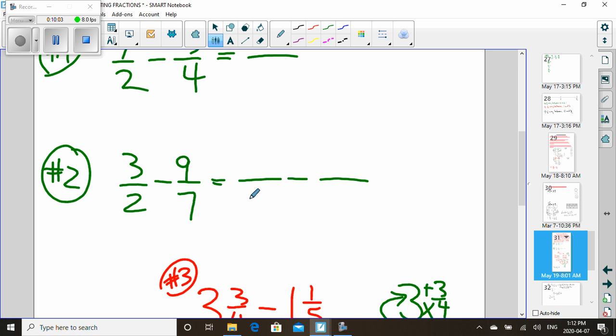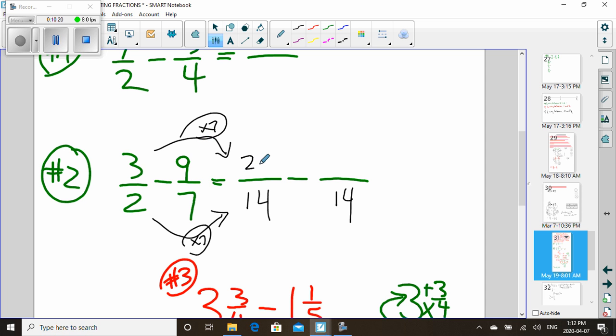What are the common multiples of 2 and 7? I think you're thinking 14, hopefully. I'm going to change both of these into 14s. How did 2 change into 14? I multiplied by 7. So I've got to multiply my 3 by 7: 21. How did 7 become 14?